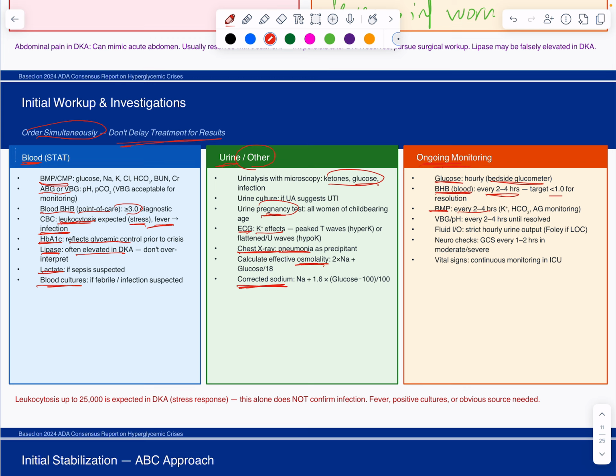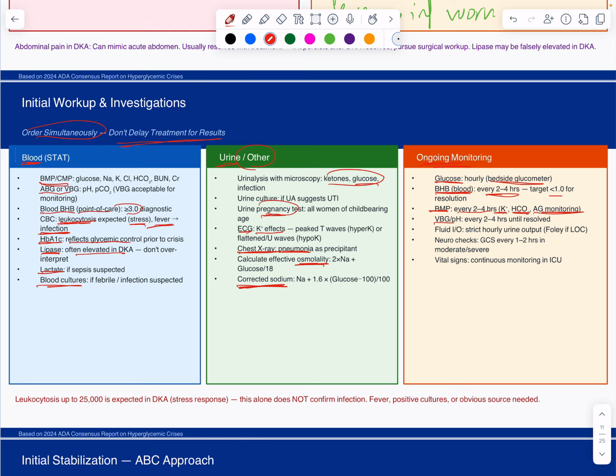Number one, you're looking for the acidosis, the bicarb, if the acidosis is getting better. The potassium, whether you have hypokalemia, hyperkalemia, or normal potassium, because this will need some adjustment to the insulin and they might need some potassium supplement, and also the anion gap monitoring.